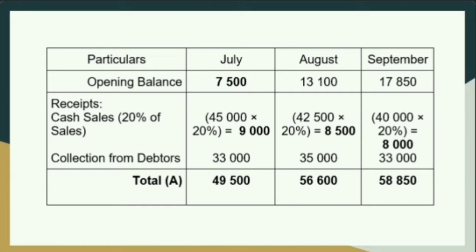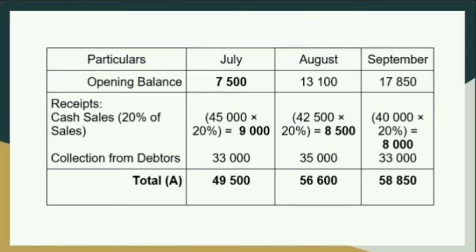So, para makuha ang cash sales, butang naman sa information ganina na 20% ang cash sales sa total na sales. So, 45,000 times 20% sa July equals 9,000 and so on sa other months. So, 9,000, 8,500, and 8,000 ang cash sales sa July, August, and September.